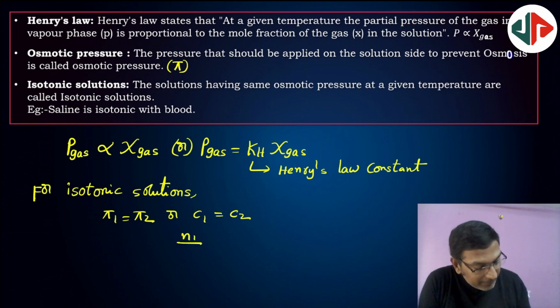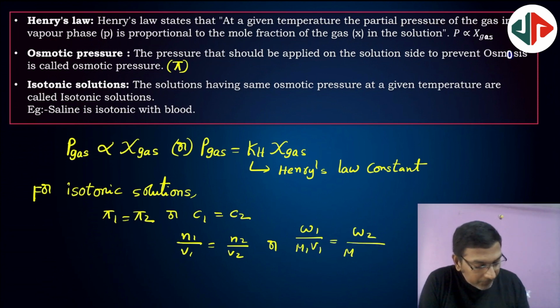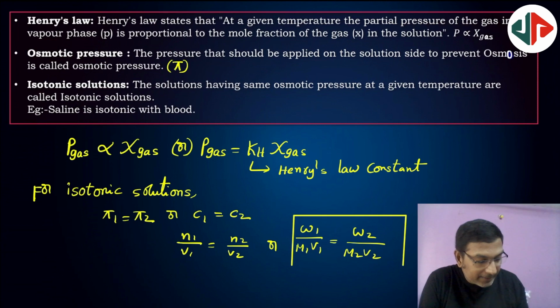That is n1 by V1 equals n2 by V2. Or n1 means we can write again weight by molecular weight, W1 by M1 V1 equals W2 by M2 V2. So this is nothing but the isotonic condition. Very, very important for calculation.